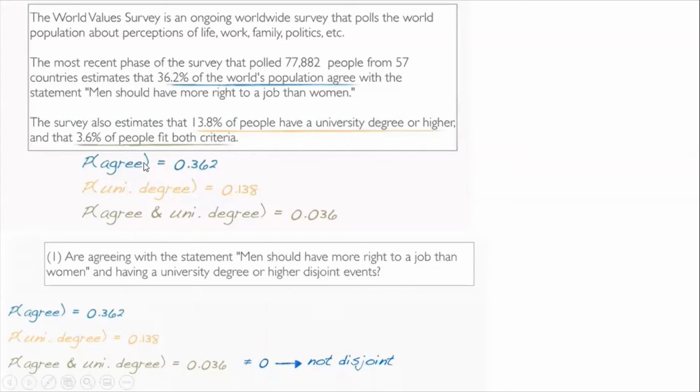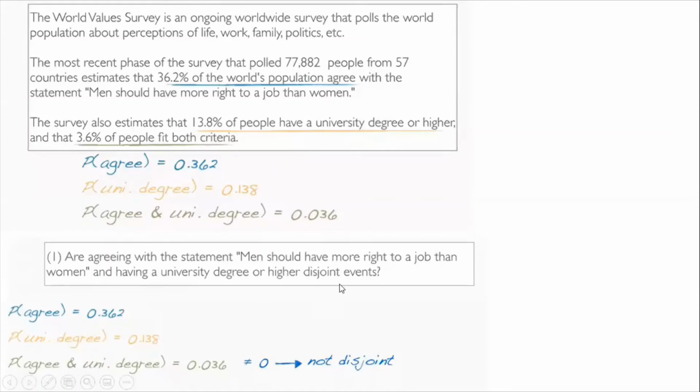The probability of agreeing is 0.36, so 36% agree. The probability of having a university degree is 13.8%, fairly low, 14 people out of 100. And the probability of agreeing and having a university degree is 3.6%.